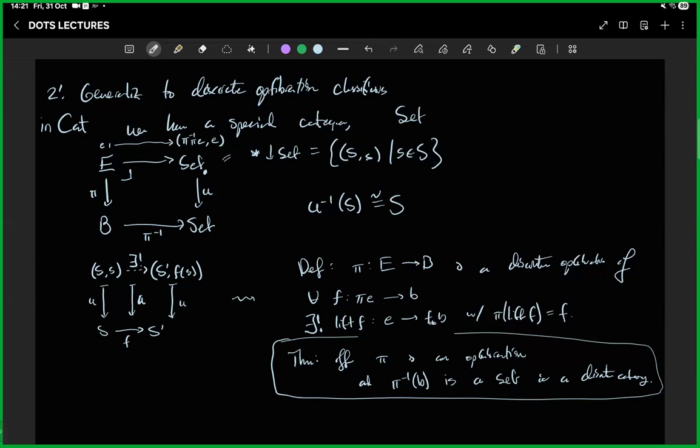Okay. Maybe you might wonder, is it necessary? So the other thing to note is that, as we saw, U is a discrete op vibration, and one can check that discrete op vibrations are preserved under pullback. So therefore, any pullback of U is pi. So in other words, what we have is that discrete op vibrations over B are equivalent to functors from B to set.